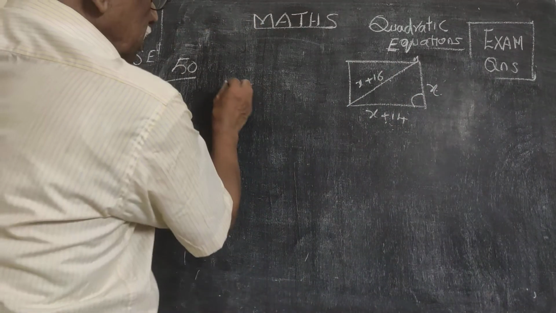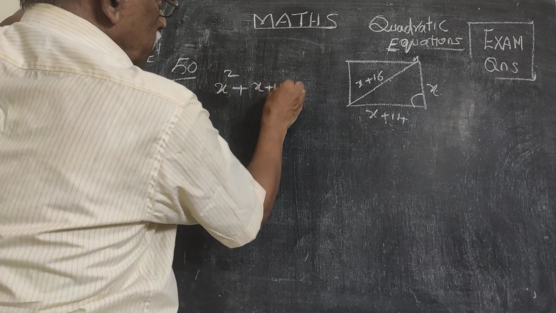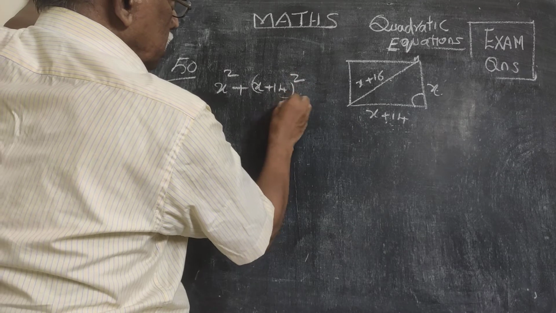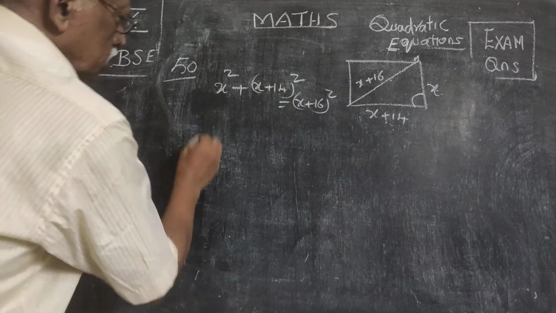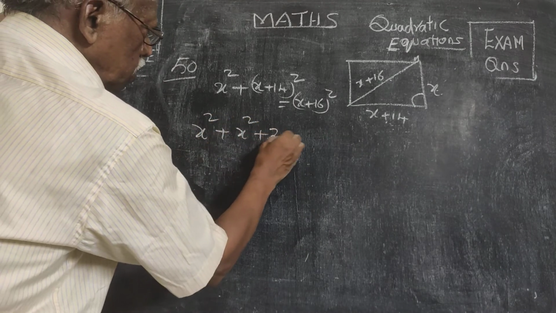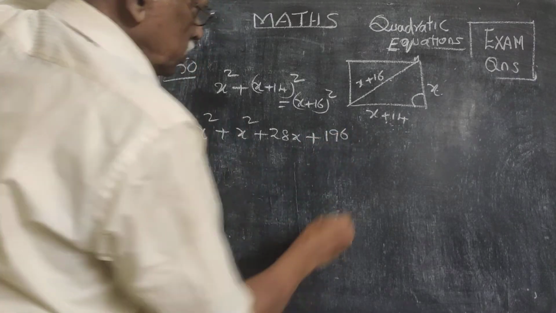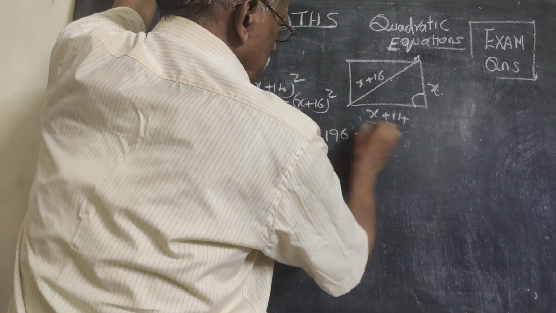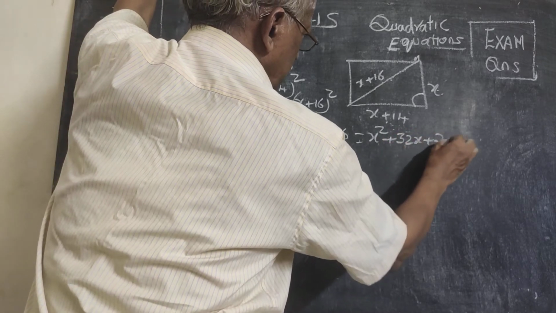So according to Pythagoras theorem, x square plus x plus 14 the whole square is equal to x plus 16 the whole square. So expanding it, this is x square, 2ab term 28x, 14 square, so 196. That is equal to x square, 2ab term, so 32x, 16 square, so 256.